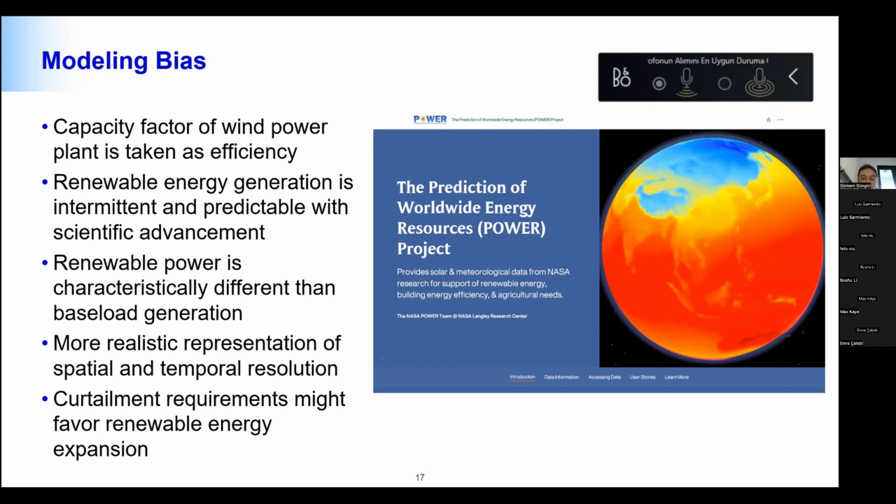And these will favor renewable energy technologies more, which should be represented more in energy and climate models.